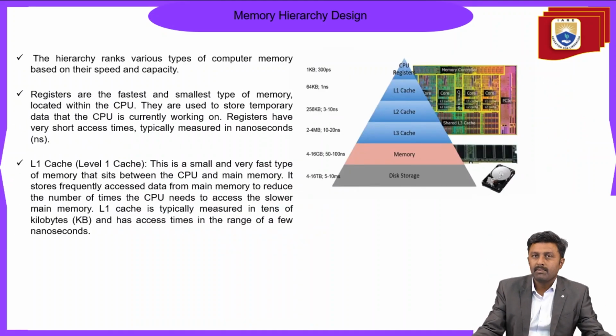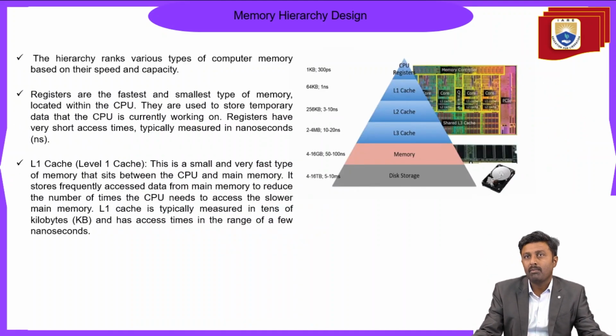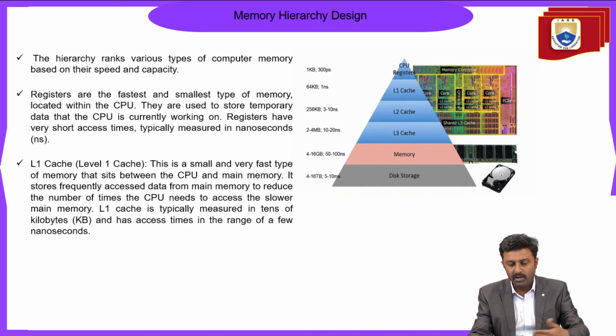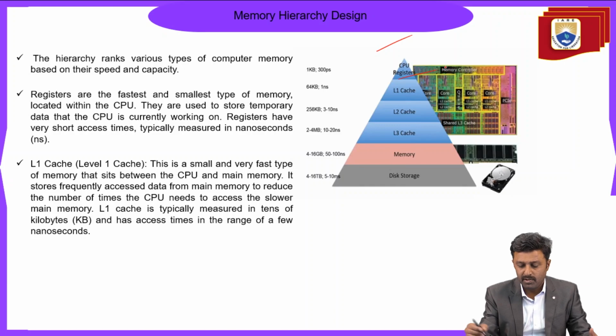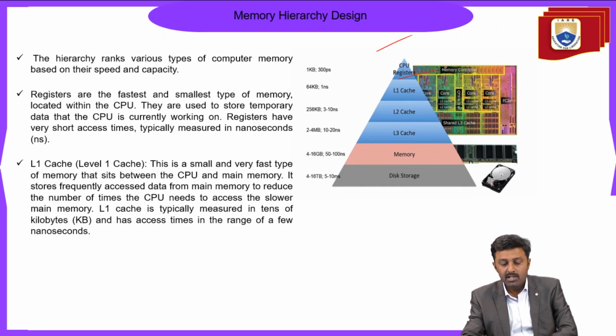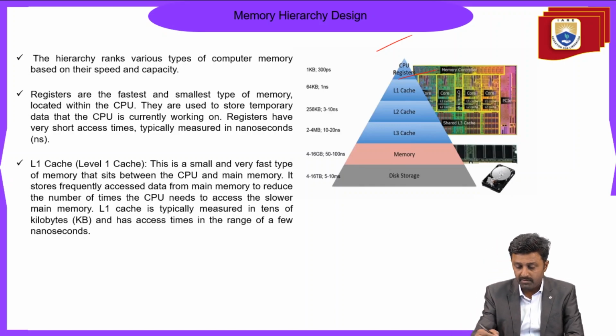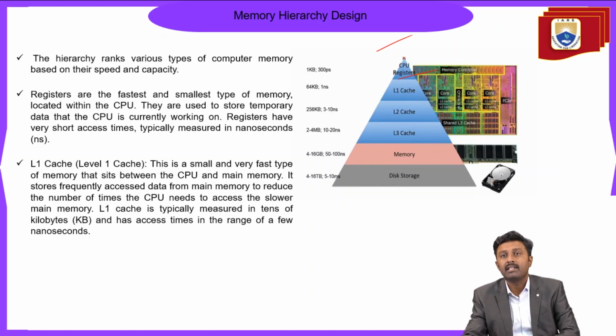Once we have seen the principle of locality and the memory wall problem, we'll see how the memory hierarchy is designed. The top of the hierarchy ranks various types of computer memory, as you have seen in the previous videos. Also, we'll see it here in detail. The first level of the memory is the CPU registers in the computer.